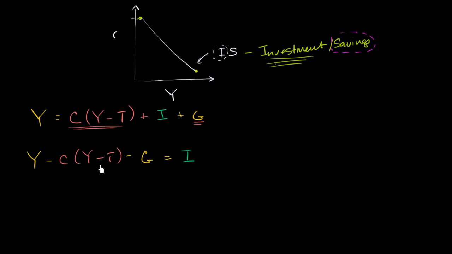And this thing right over here is interesting because this is total income minus, let me make sure I don't confuse you, because that looks like a lowercase c, and if we're talking about aggregate consumption, it's usually an uppercase C. So on the left-hand side, we have total aggregate income minus consumer spending minus government spending. So you could really view this as aggregate savings. This over here really is savings.